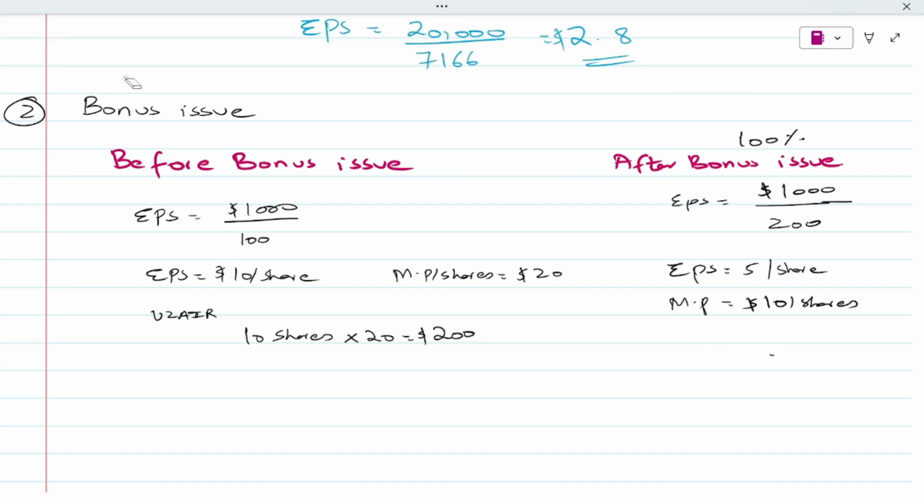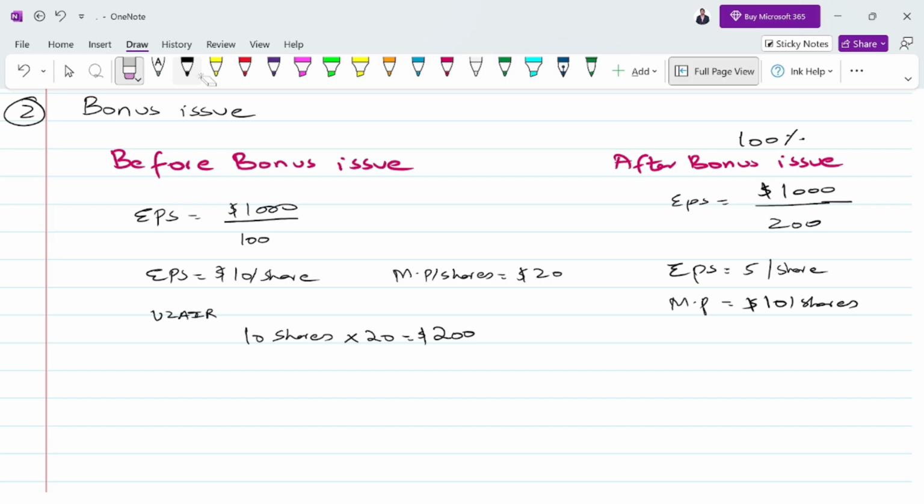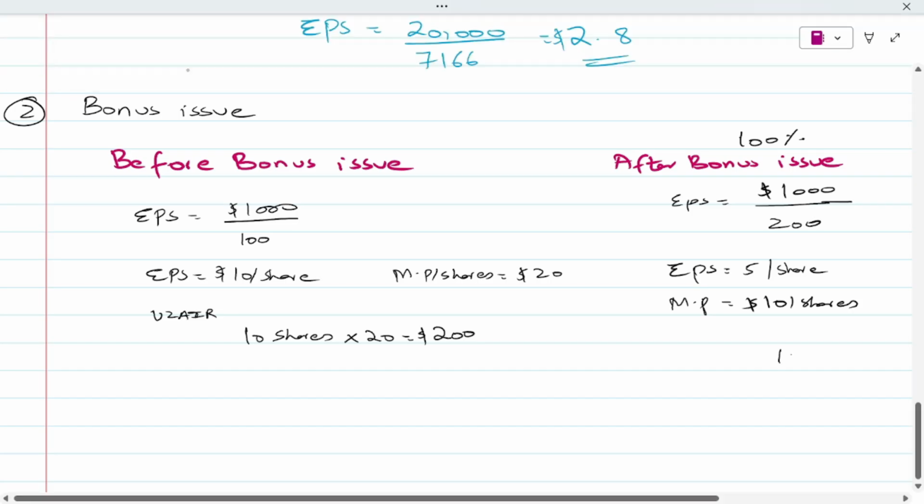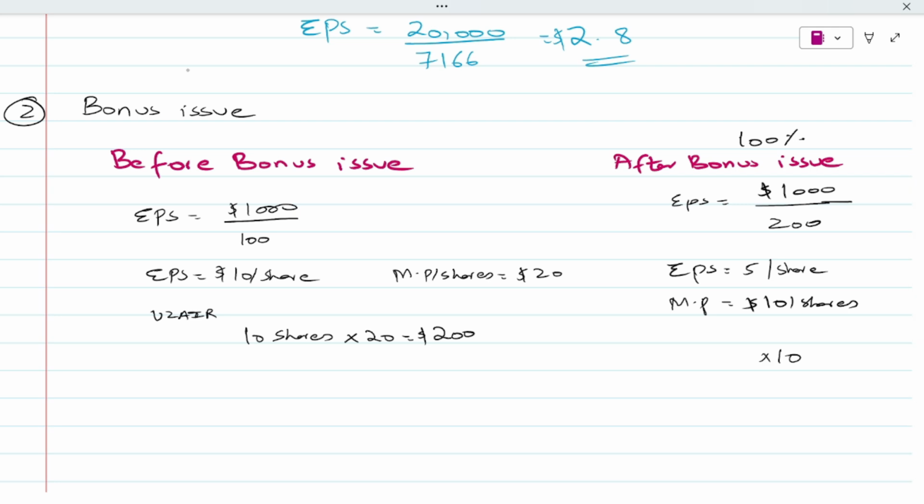So if I have the same 10 shares still after the bonus issue, what will happen to my wealth? That's the question. Now, as you guys know, the new market price after the EPS has fallen by 50% is $10.